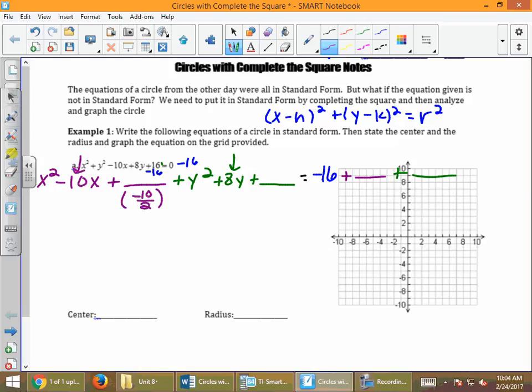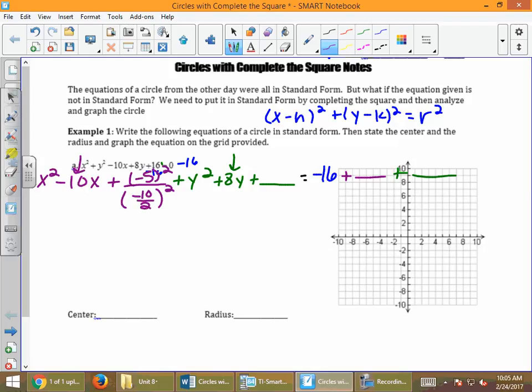That 10 is negative, so it has to be negative inside the parentheses. So you divide that number by 2 and square it. You don't actually square it; it just hangs out there. What is negative 10 divided by 2? Negative 5. That's what is going to go in this blank. Just leave it as negative 5 squared. Don't actually square it. The square just hangs out.